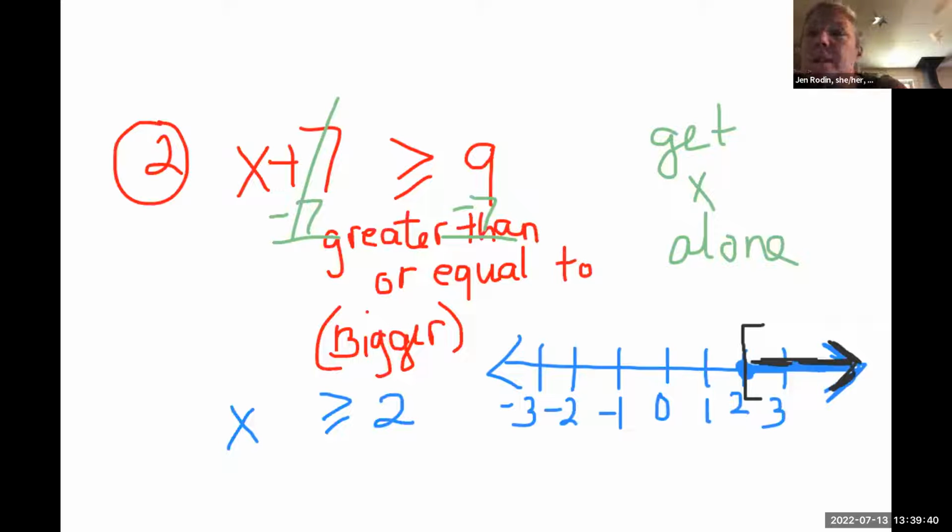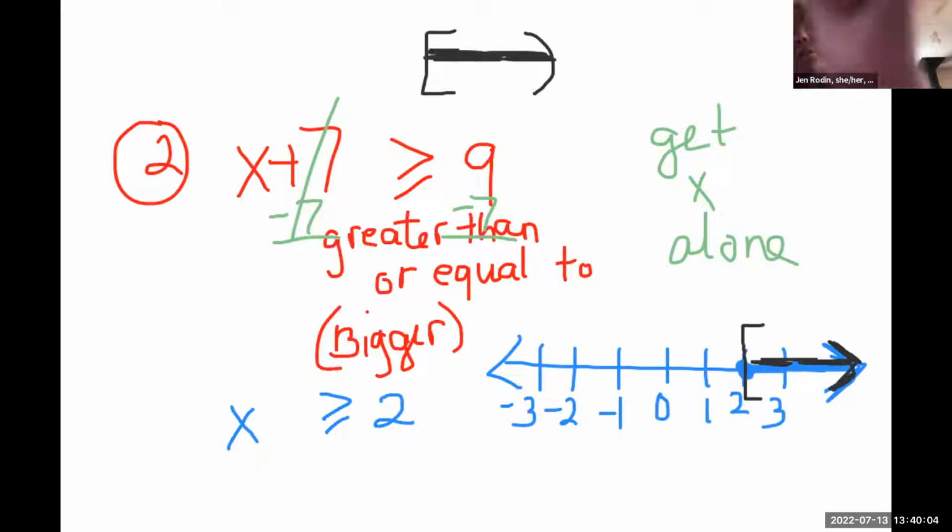Those words we had in the PowerPoint: that's unbounded to the right because it goes on forever, so it's bounded on the left, unbounded on the right, but I don't test on that. It's not a closed interval because it's going on and on in one direction. Closed would be like this, closed on both sides.